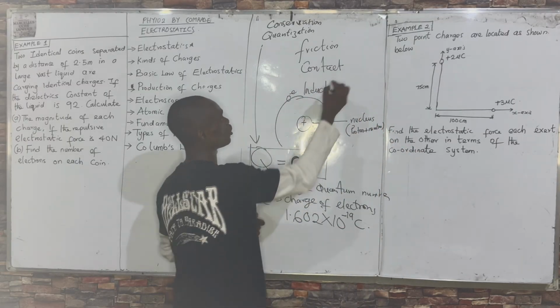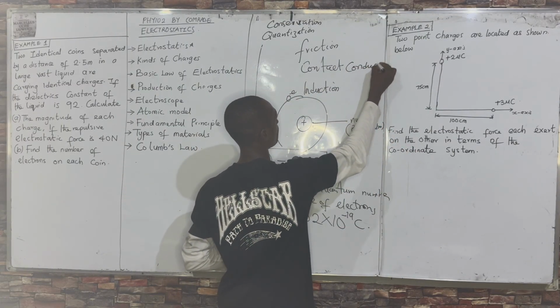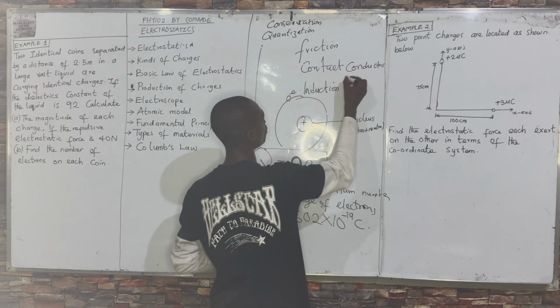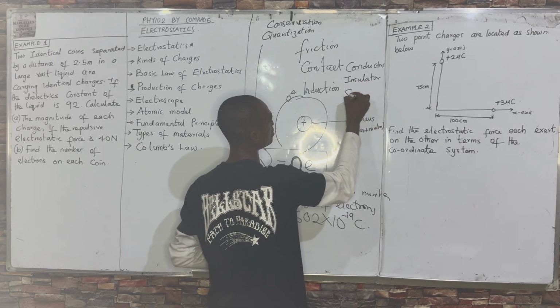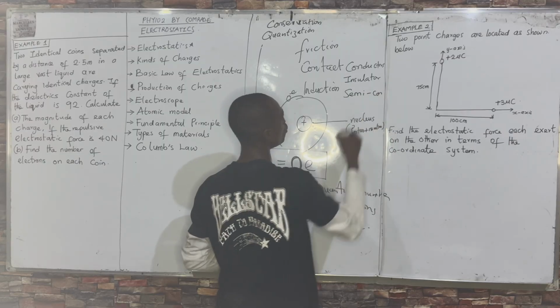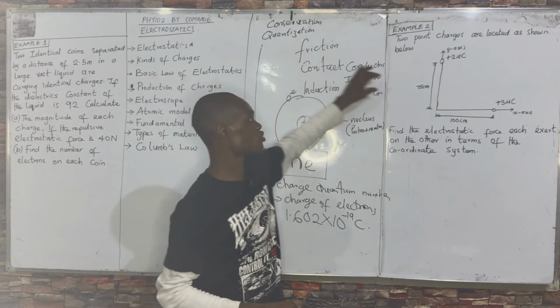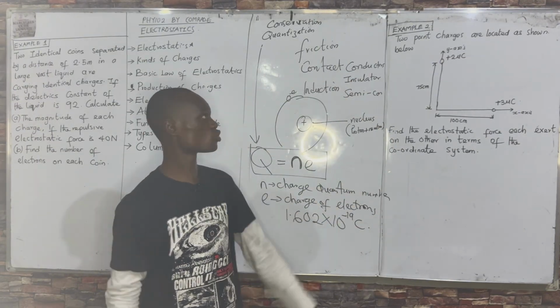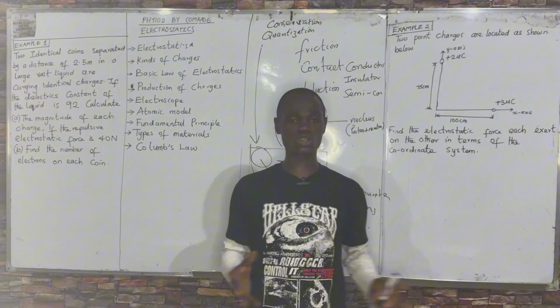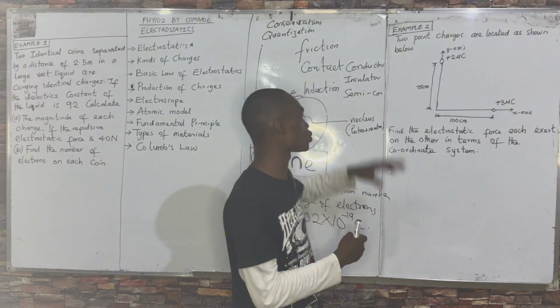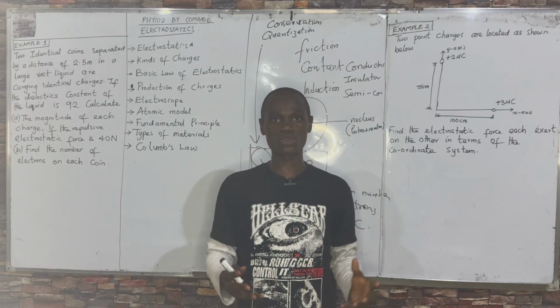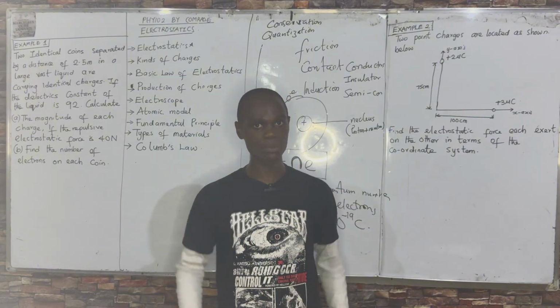We have the conductors, we have the insulators, and we have the semiconductors. What are conductors? We all know conductors, right? Materials that allow electricity or charge to flow through them are called conductors. Examples of conductors: we have metals, we have the human body.